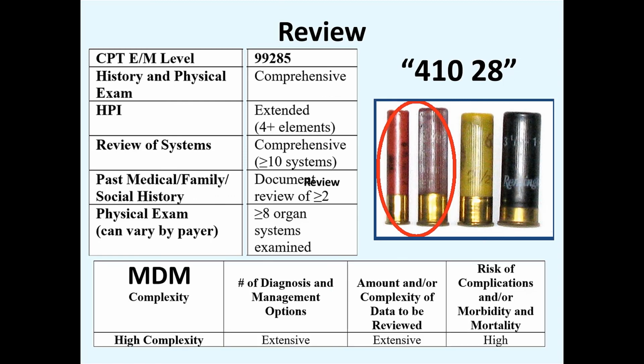A comprehensive 99285 chart will also include your medical decision-making documentation to express high complexity in all 3 areas that coders evaluate: diagnosis and management options, amount and complexity of lab and image data, and risk of complications, morbidity, and mortality.